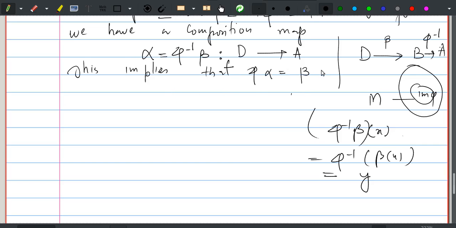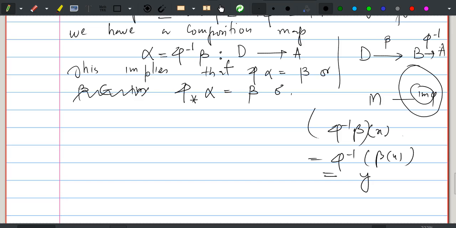Sorry, this means phi star of alpha is beta, or beta is in the image of phi star. Hence we are done.